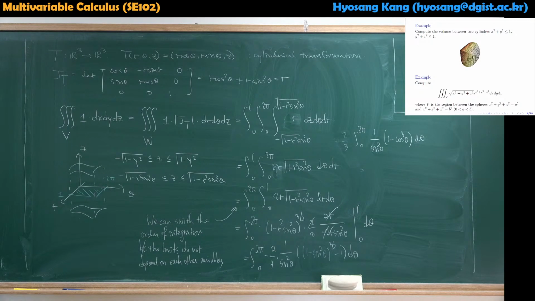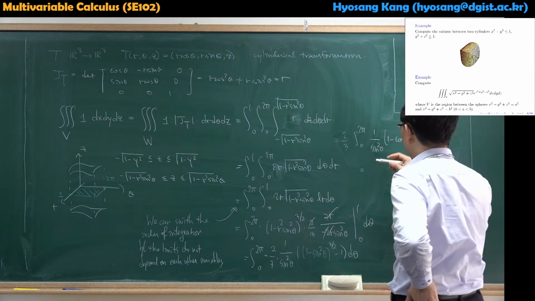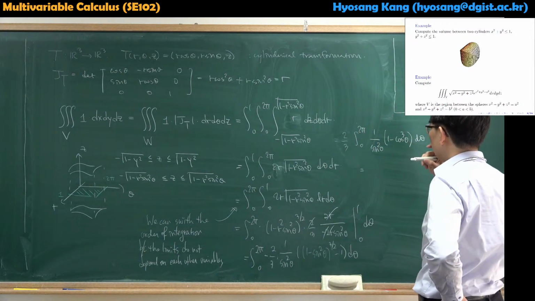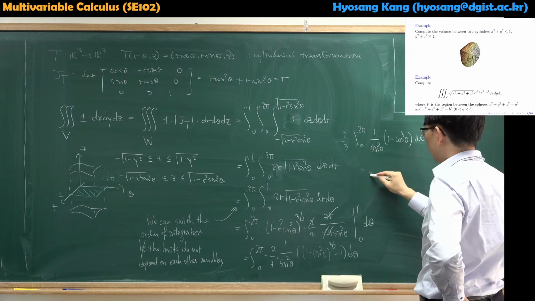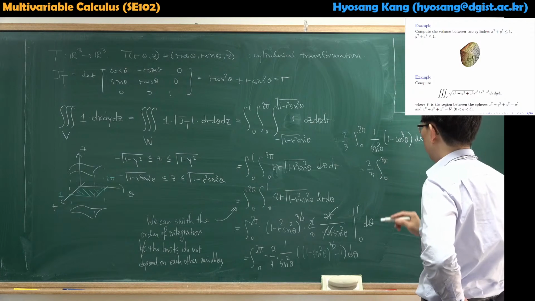One minus cosine square. Well, let's think about this way. First of all, we have 2 over 3, 0 to 2 pi.